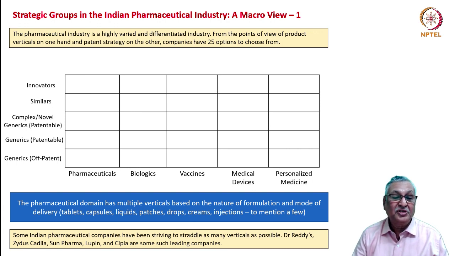Companies such as Dr. Reddy's, Zydus Cadila, Sun Pharma, Lupin and Cipla are leading companies which are striving to straddle as many verticals and as many horizontals as possible. On the other hand, vaccine manufacturers such as Serum or Bharat Biotech are very content and focused in terms of developing vaccines for global scale. So the strategies vary, and therefore you tend to stay in one structural group for a long time.